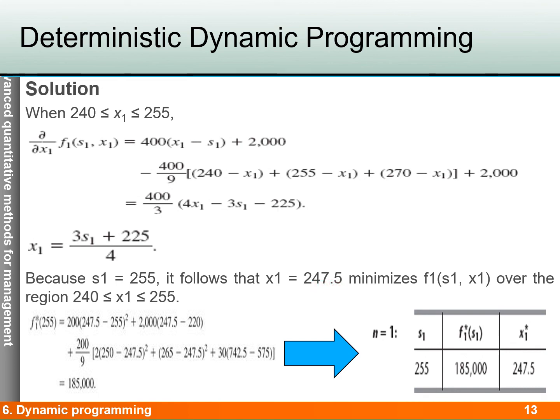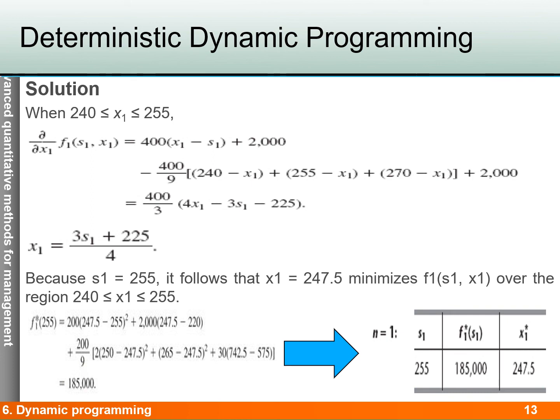Okay, so easily by substituting 247.5 in the formula that I have in my table, the total cost is $185,000, while the other cost, the X1 between 220 and 240, was $200,000. This cost is less than that one.